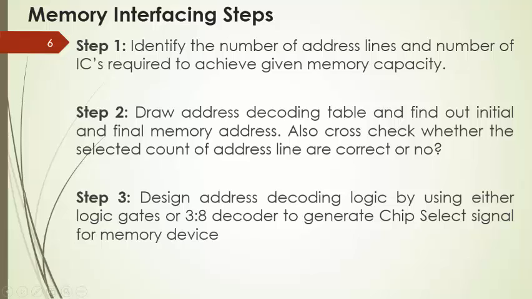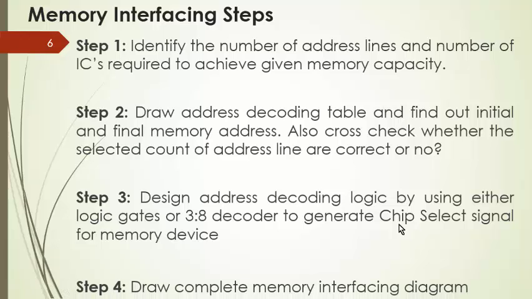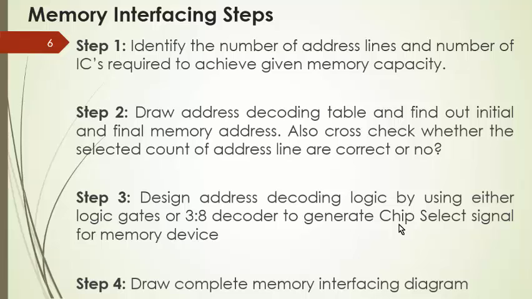So to enable the memory IC, it is required to generate the chip select signal by using address lines of the 8085 microprocessor. You can design the circuit by using logic gates, or you can use a 3 to 8 decoder to generate the active low chip select signal.